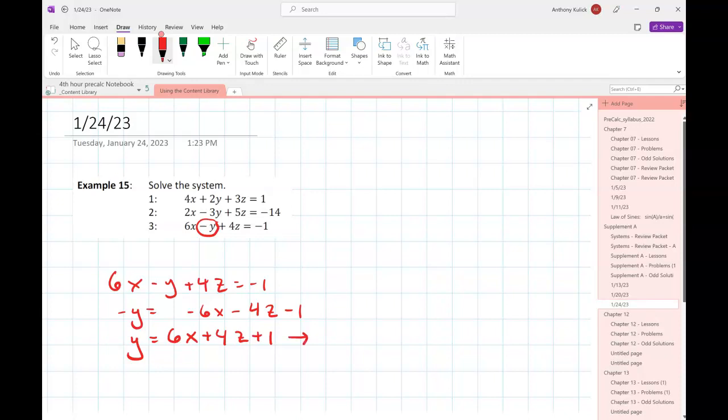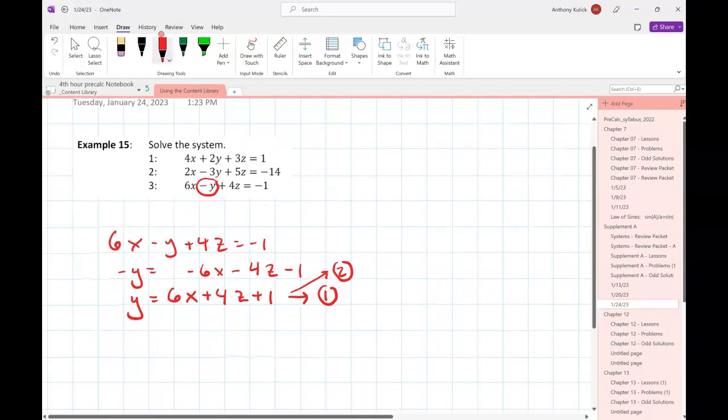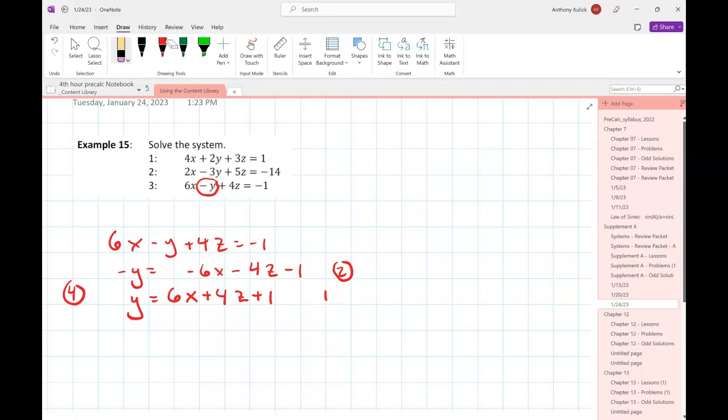And then I'm going to plug that back into equation 1, and then also plug it into equation 2. Let's call this equation 4, and we'll write it this way. So I'm going to plug 4 into equation 1, and I'll write over here 4 into equation 2.